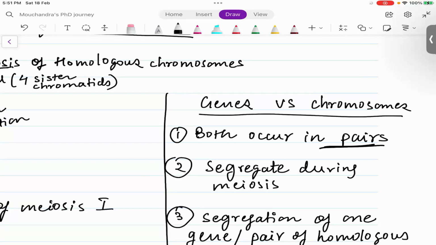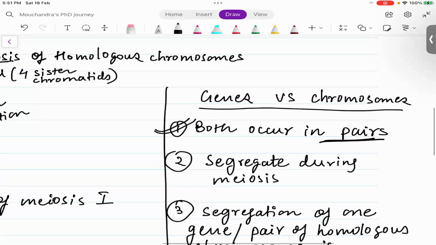So this property is similar for both genes and chromosomes. Another thing: Mendel said that genes segregate during gamete formation. The alleles in the pair of alleles segregate. That is the law of segregation that he gave, which also happens for chromosomes.